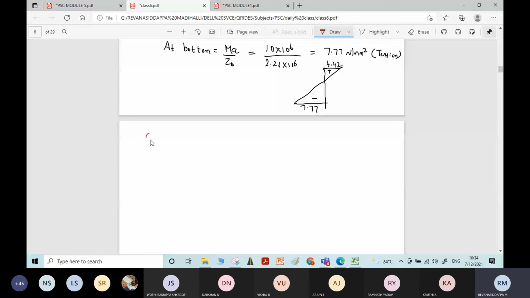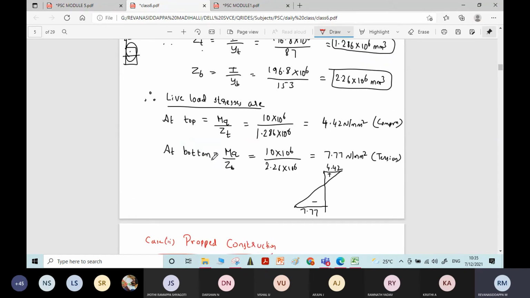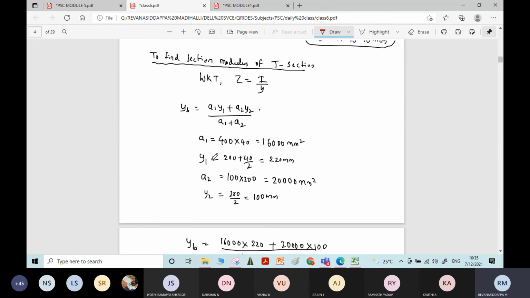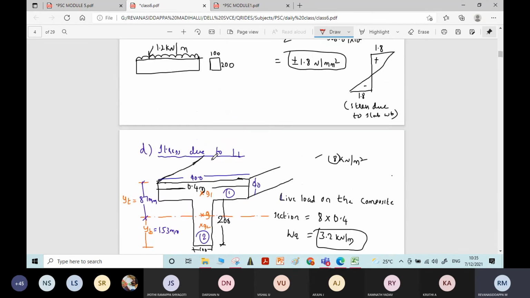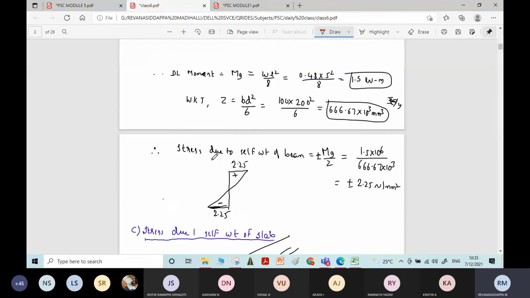Case 2, propped construction. For propped construction, there is difference in calculating stress due to the slab weight only. The remaining calculations are the same.